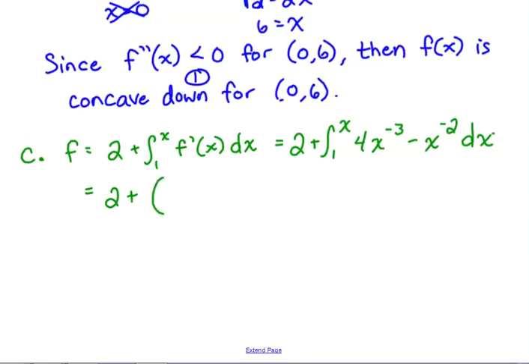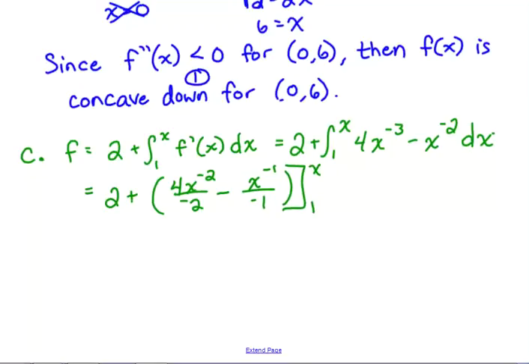So antiderivative: add 1 to our exponent, divide by the new exponent. Whoops, it's a minus. Add 1 to our exponent, divide by the new exponent. That's from 1 to x.